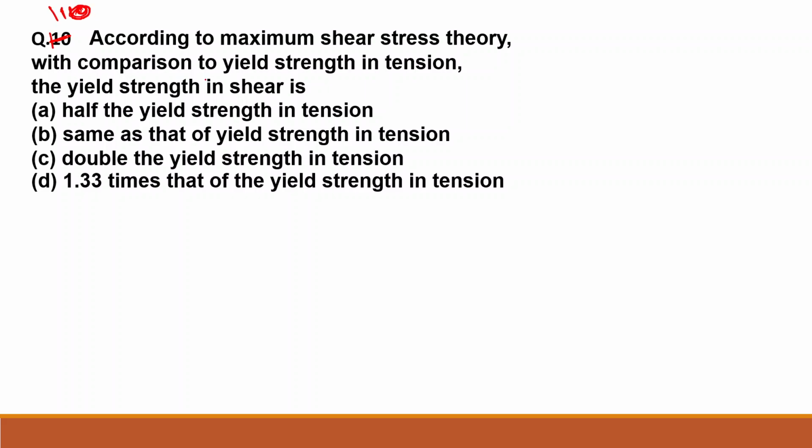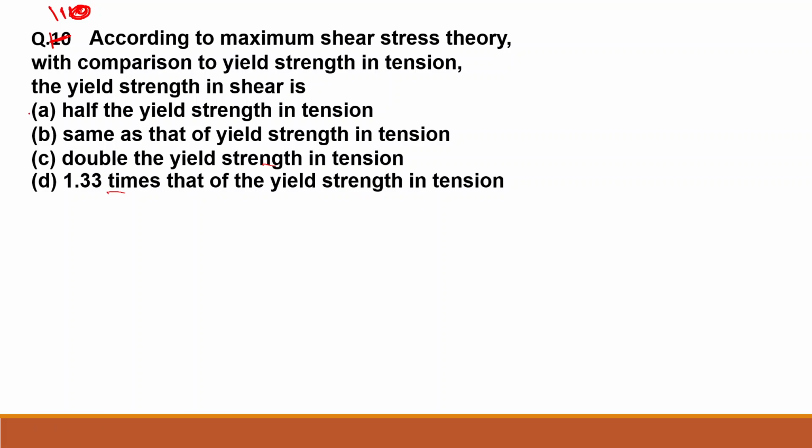Question 110. According to the maximum shear stress theory, in comparison to yield strength in tension, the yield strength in shear is: half the yield strength in tension, same as that of yield strength in tension, double the yield strength in tension, or 1.3 times that of the yield strength in tension.